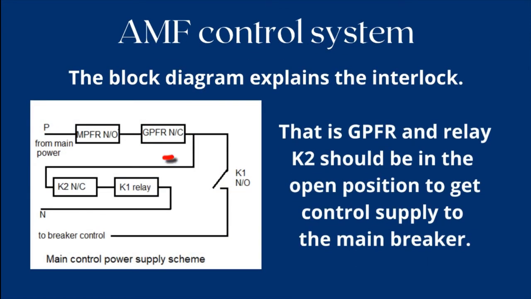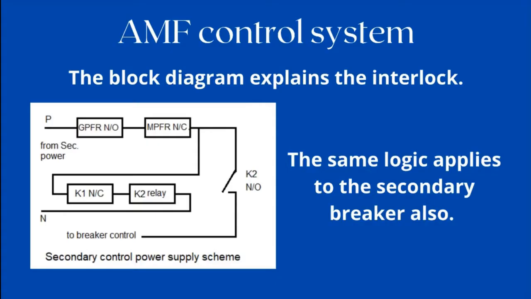That is, GPFR and relay K2 should be in the open position to get control supply to the main breaker. The same logic applies to the secondary breaker also.